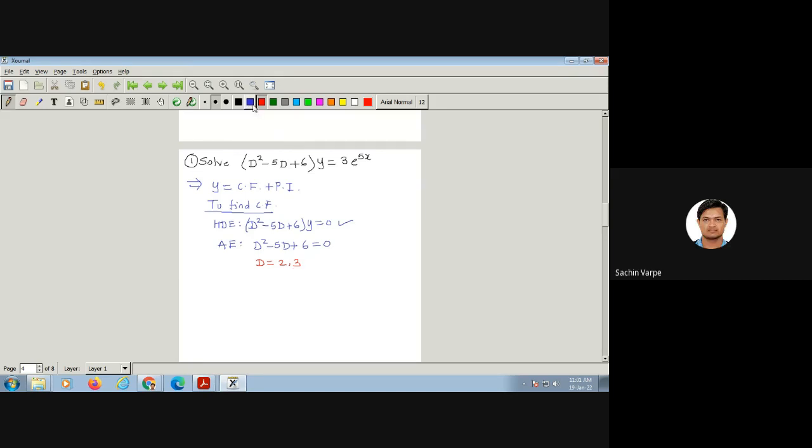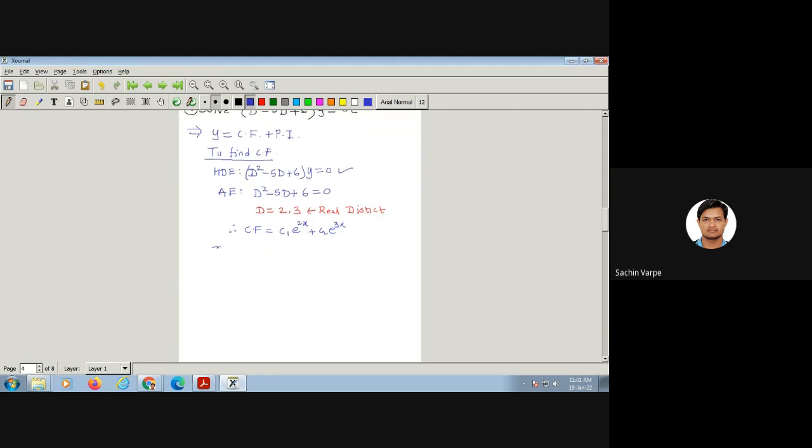As the roots are real and distinct, how do we write the complementary function? Therefore, the complementary function is c1 e to the power 2x plus c2 e to the power 3x.